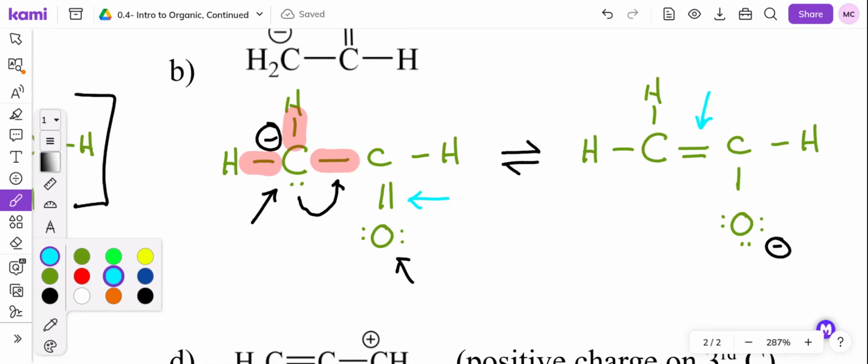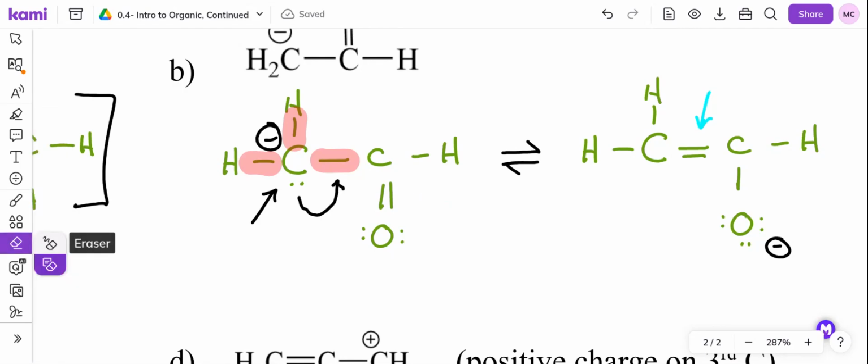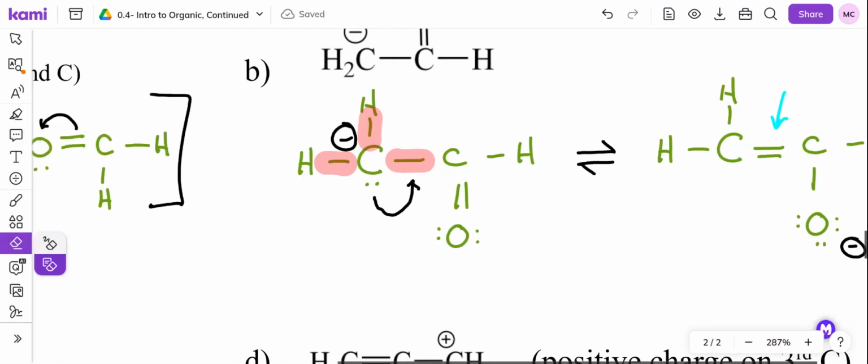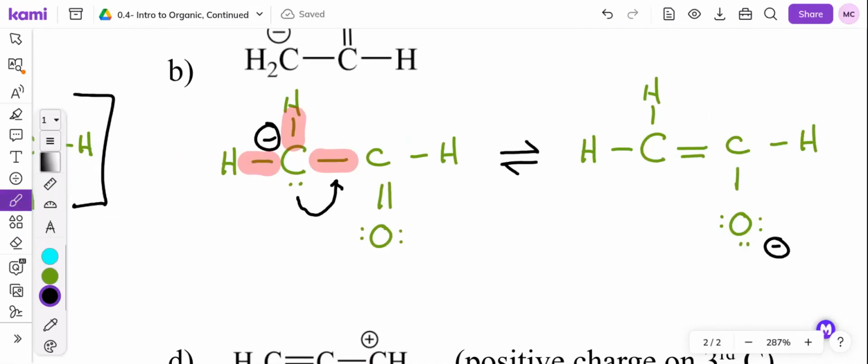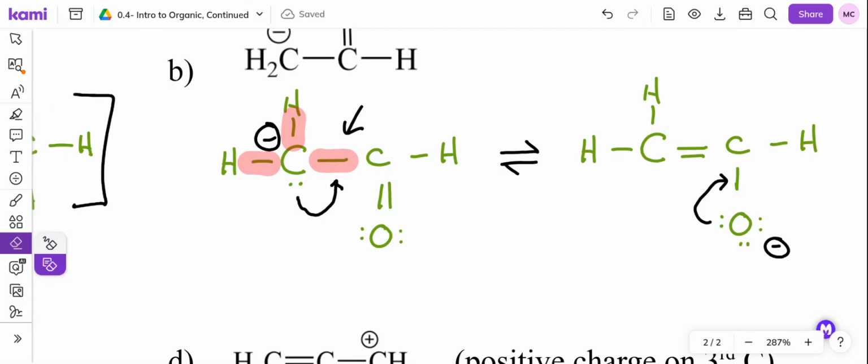If I were to draw my arrows correctly here, to show the motion that is happening on the left, that pair of electrons, it doesn't matter which one, is going to move, and then it's going to cause that reaction to go back to the single bond here.